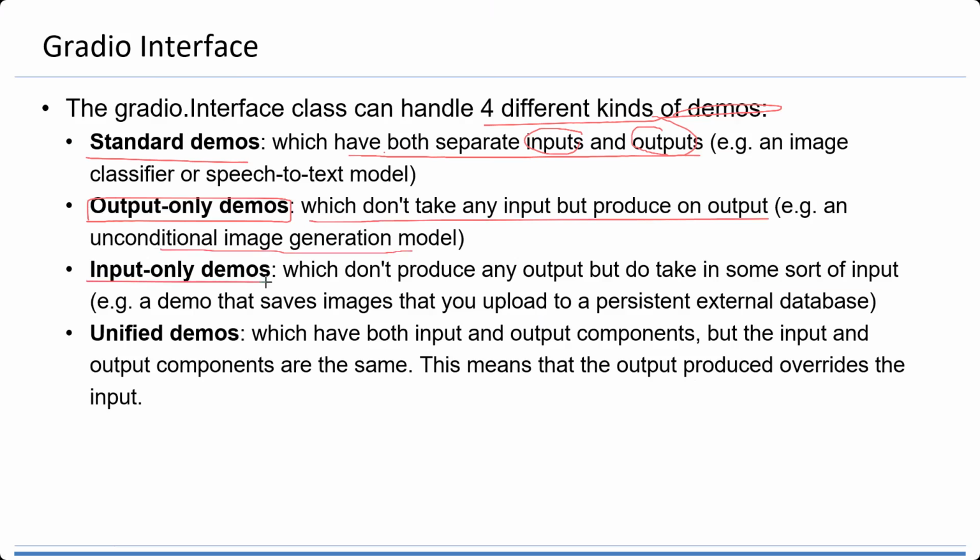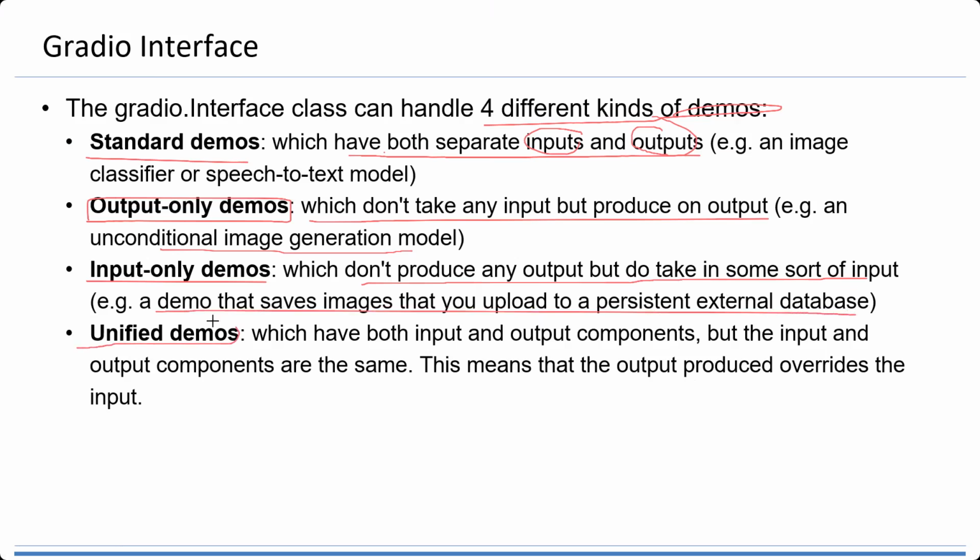The input only demos do not produce any output, but do take in some sort of input. For example, a demo that saves images that you upload to a persistent external database. When you upload a picture and then you want to save it in the Google Cloud, then you can save it and then finish without any output.